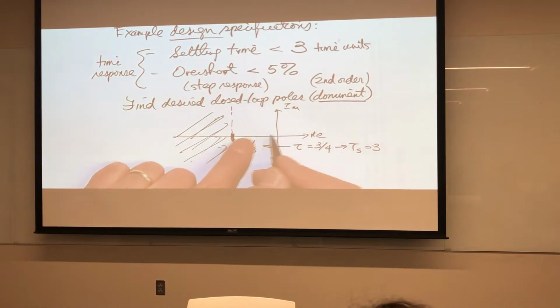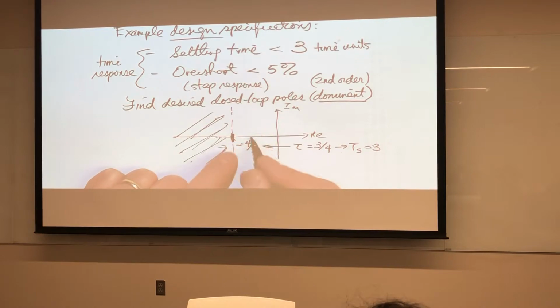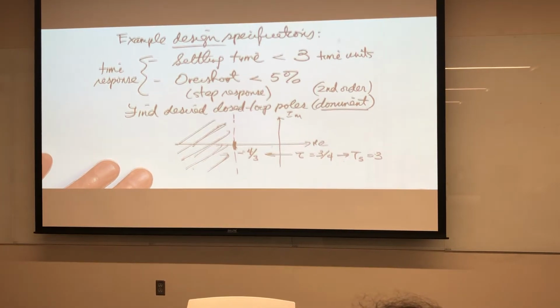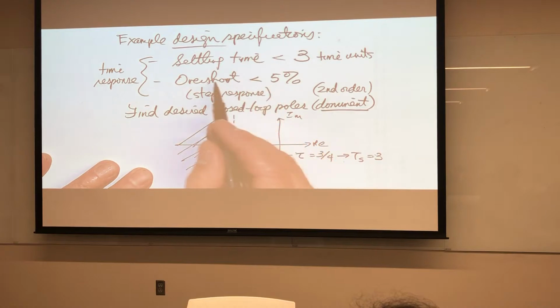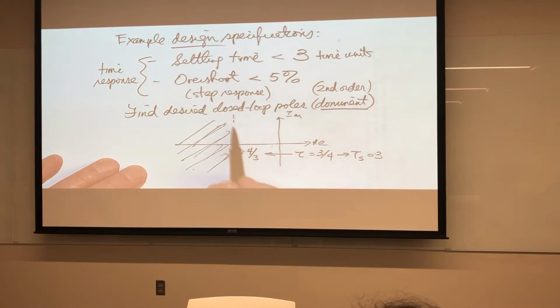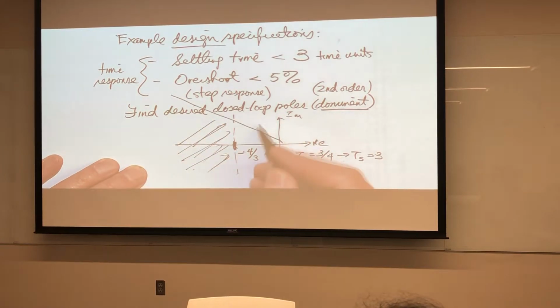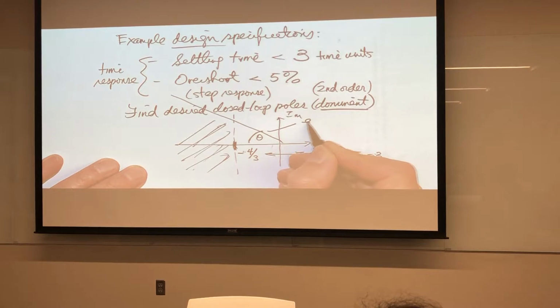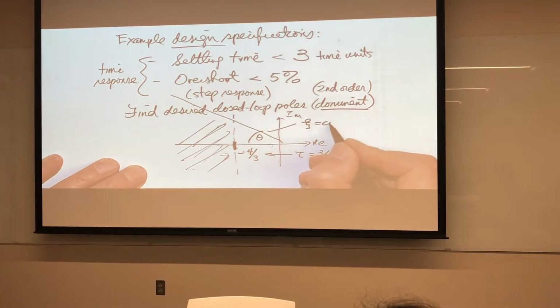If I come over this way, if I put the real part of the poles over here, the response will be too slow. If I put it over here, then the response will be fast enough. The other thing I have to take a look at is the overshoot specification, the damping factor. And so we need to find some sort of angle here. This is theta. And remember that the damping ratio is equal to cosine theta.